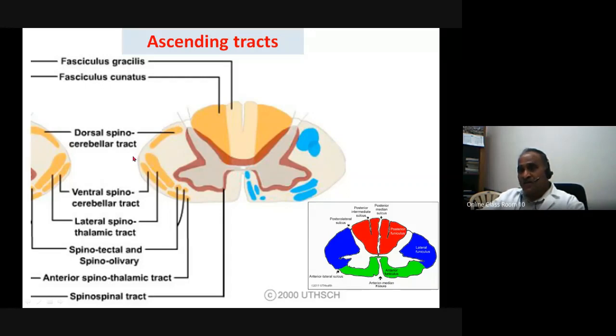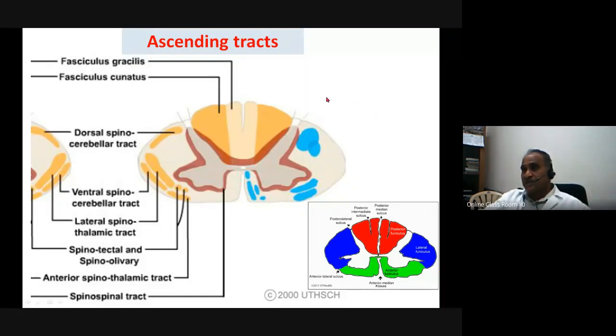Now in the lateral funiculus or lateral column, we have two important ascending tracts: the dorsal spinocerebellar tract and the ventral spinocerebellar tract.